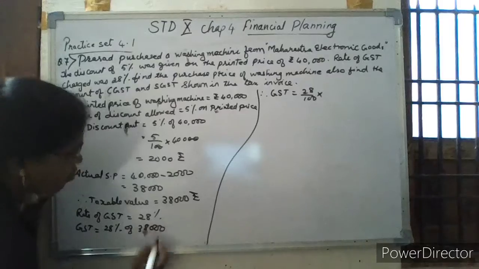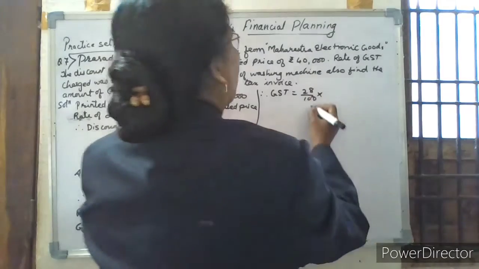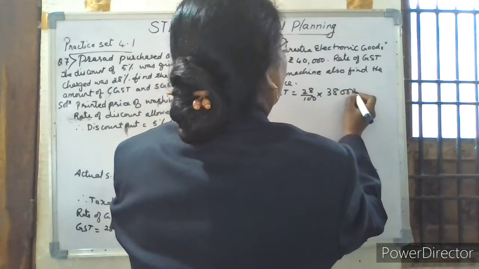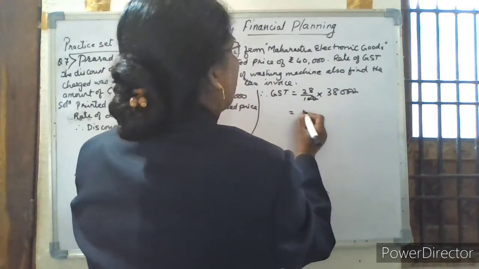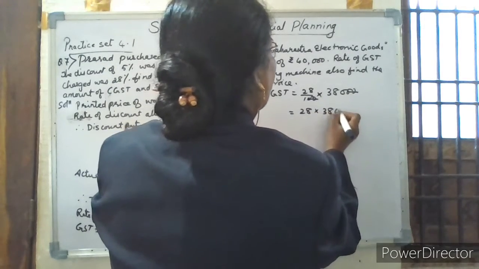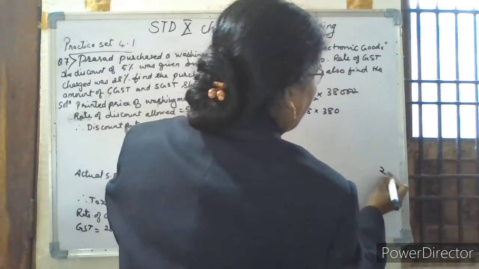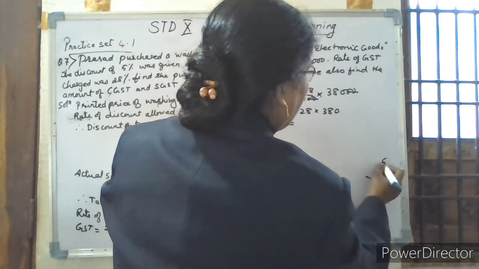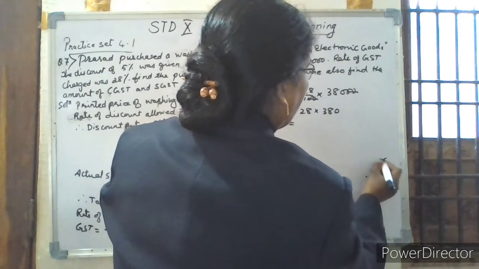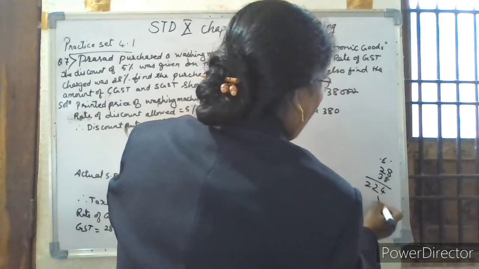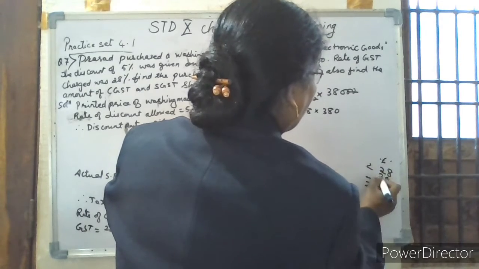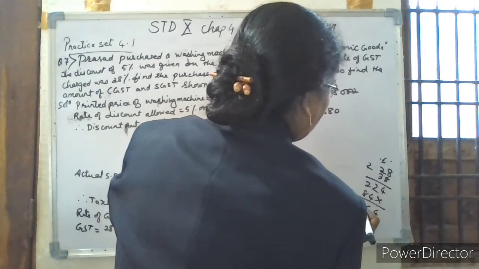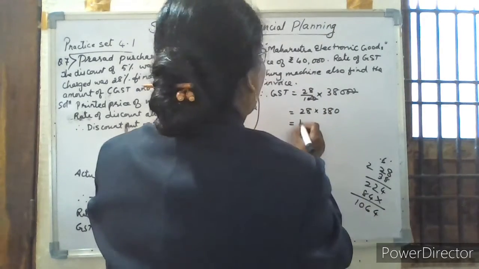So GST is equal to 28 by 100 into 38,000. So this 00 cancels, that is equal to 28 into 380. So 28 into 38: 8 8s are 64, carry 6, 8 2s are 16, 17, 18, 19, 20, 21, 22, and then with 3, 3 8s are 24, carry 2, 3 2s are 6, 7, 8. So it is equal to 1064.